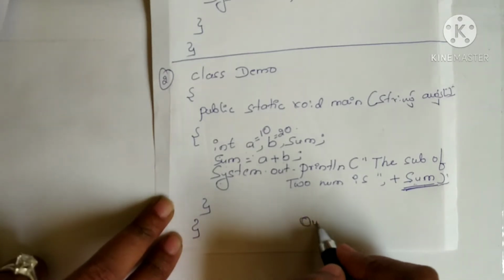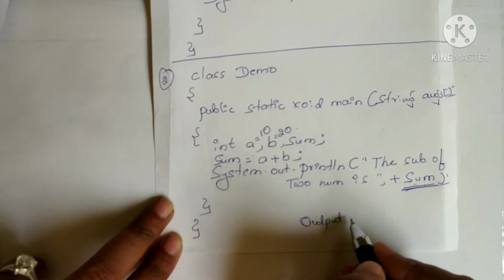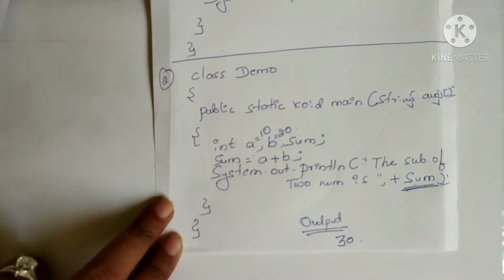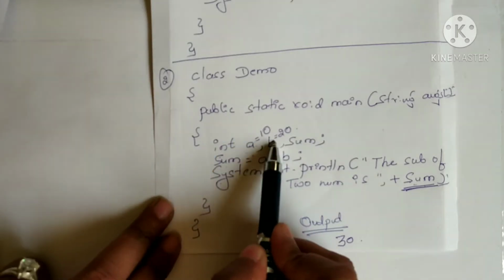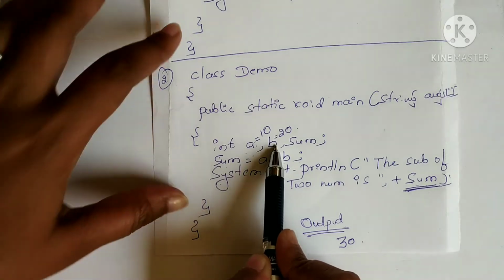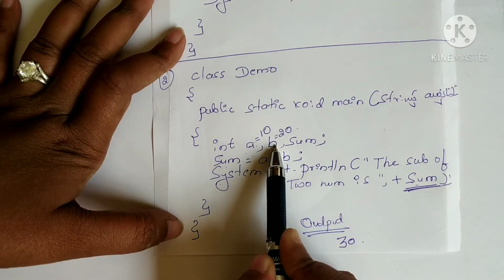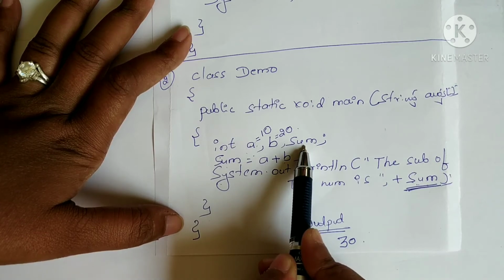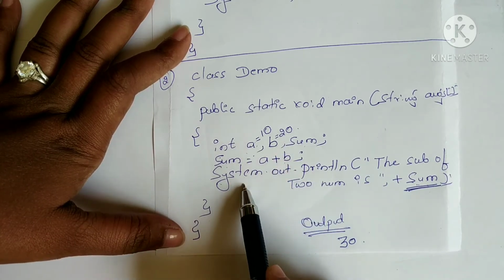For this the output is 30. That is a plus b. The sum of a and b is stored in the sum variable.